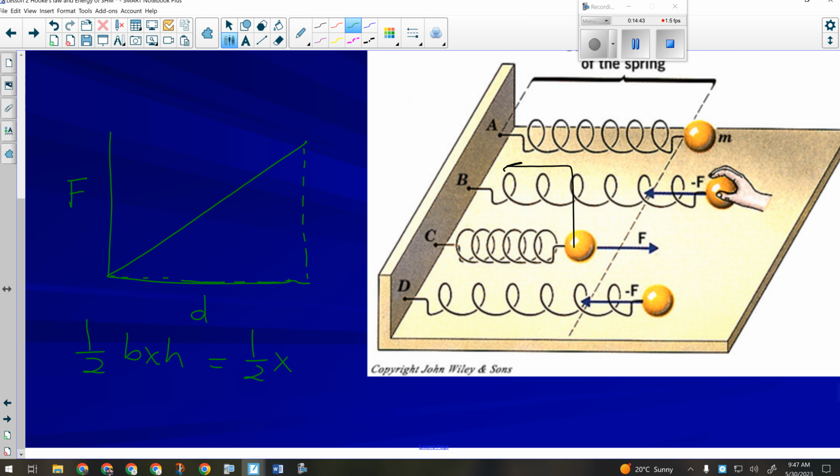And here is force. In Hooke's law, it says that force is k times x. It's actually negative, but we're going to ignore that for right now. It says it's k times x, yes? All right, so when I do 1/2 base times height, I'm going 1/2 x times k times x. Would you agree? That gives me this formula.